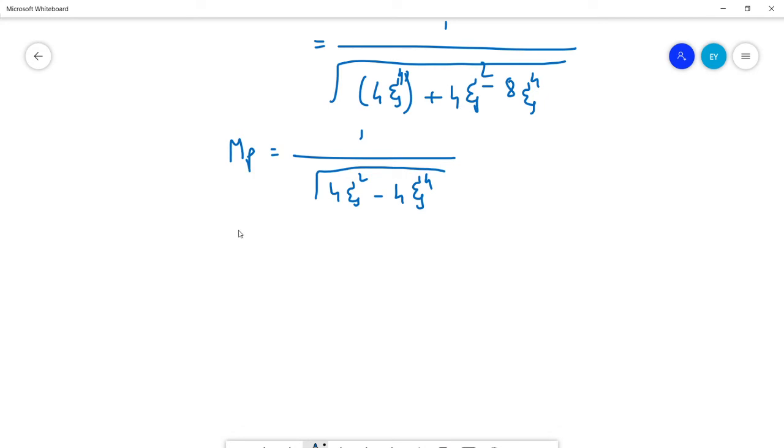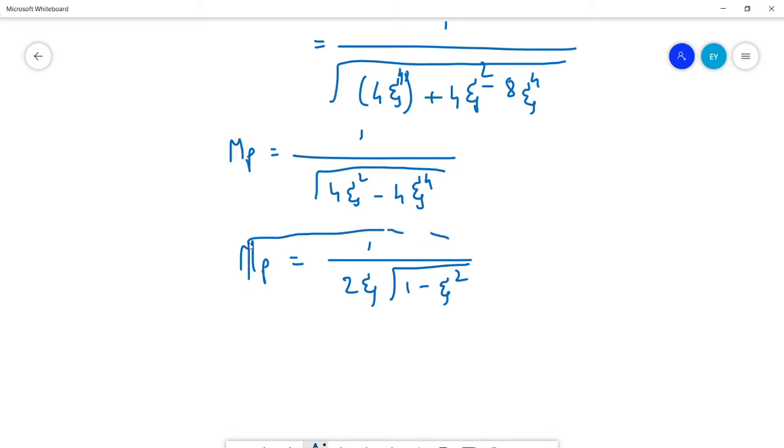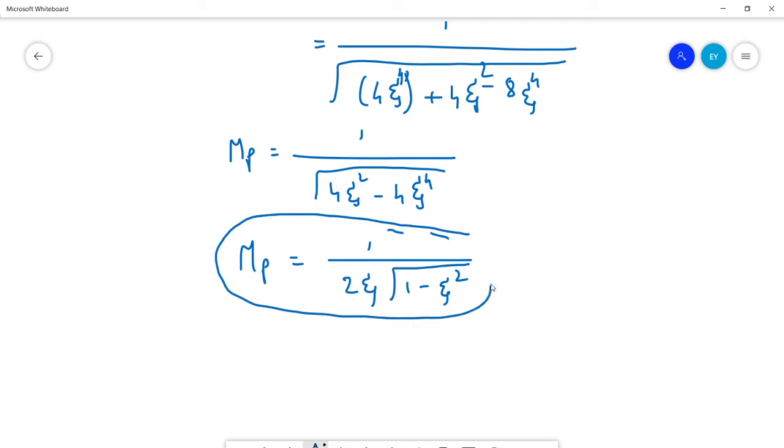Then what you get, MP is equal to 1 by 2 zeta root of 1 minus zeta square. This is how we get it from this expression. This is nothing but the maximum peak.